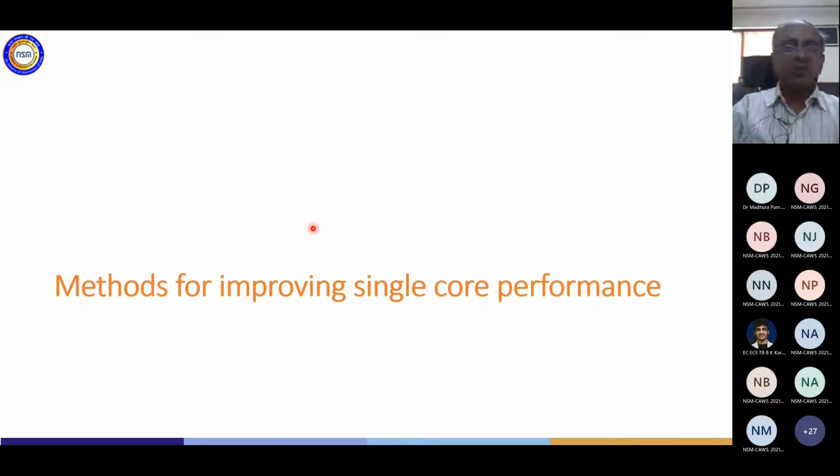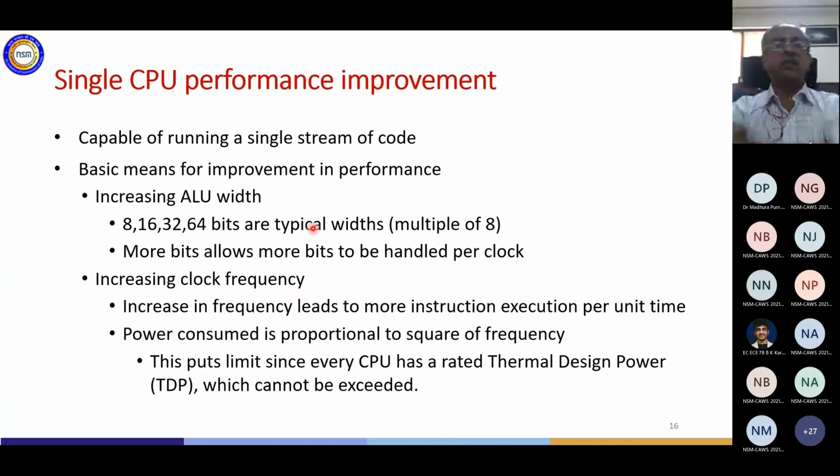So now coming to this, it is just again a refreshing. You have studied this in the morning. So what are the things that the processor architect does to increase the single CPU performance? So first thing that we should note is that a single CPU, single stream of code.